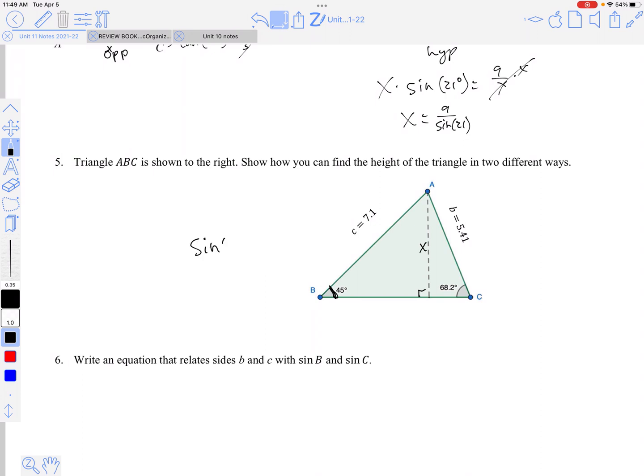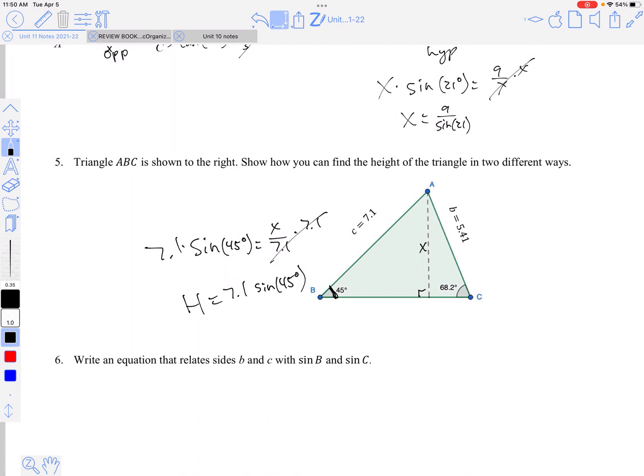So we could say sine of 45 degrees is equal to opposite over hypotenuse. We could multiply both sides by 7.1, and we will get a height of x equals 7.1 times sine of 45 degrees. Then I just put that in my calculator and have the height.